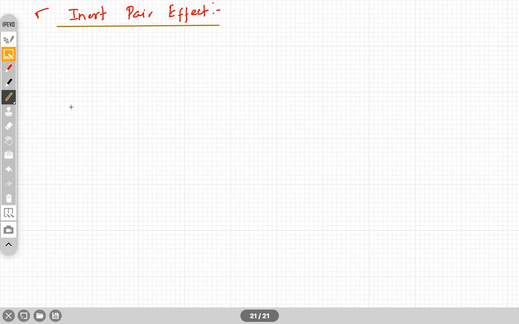What is the meaning of this? I am taking an example to make you understand this. Group 13 I am taking. The lower elements of group 13, we have indium and we have thallium.